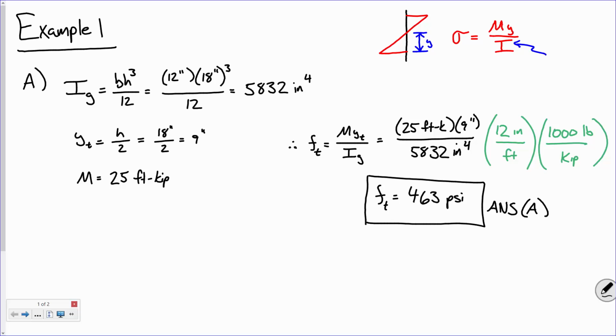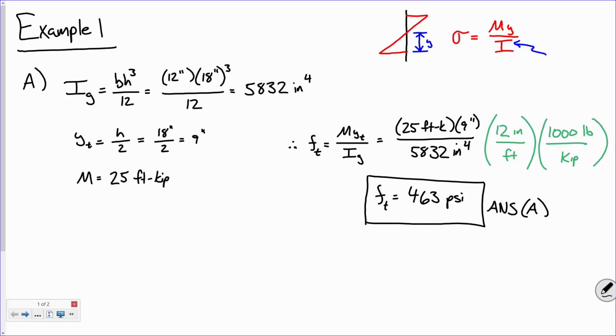That's what we just calculated? In Part A, we calculated a stress of 463. What did that mean? There you go. This beam hadn't cracked yet. Does that make sense? But it was darn close, wasn't it? Right? 25-foot kips put this beam really close to cracking, right?